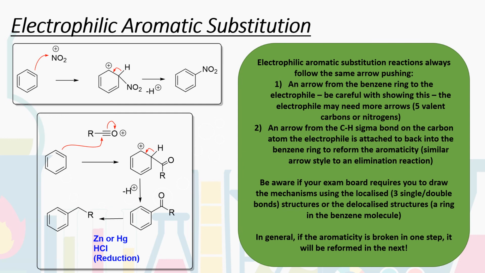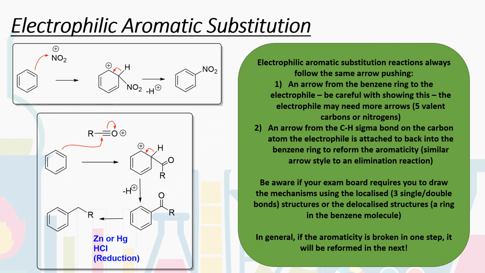And so our second step is always just to reform this double bond, to reform the aromaticity to make it a delocalized system again by losing a proton, by losing an H+. So we have an arrow that goes from the center of that CH bond, ending up between the 2 carbon atoms to show the formation of a carbon-carbon double bond. Now again, the reason why we do this is in the first step we've actually broken the aromaticity.